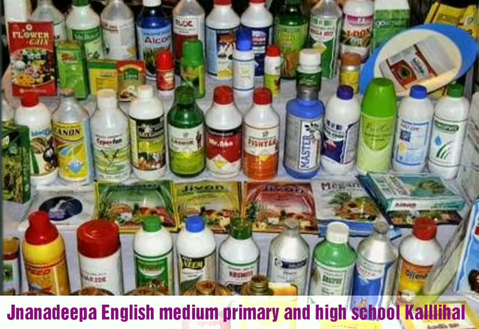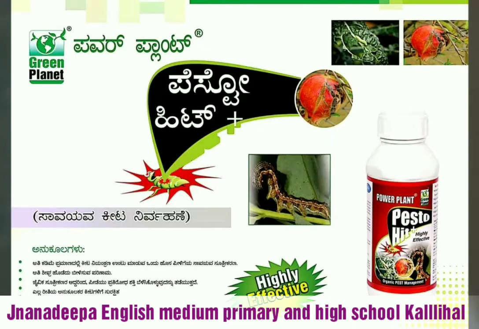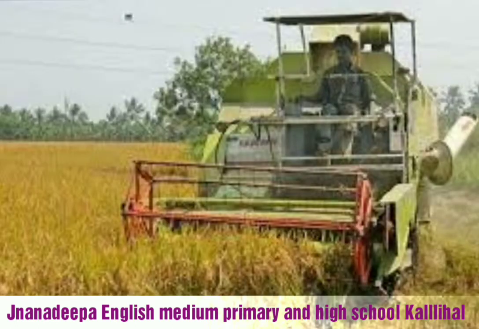Next point is they should use insecticides and pesticides to protect the crops from insects, pests, etc. Next point is crops should be cut properly and gathered. It is called harvesting.